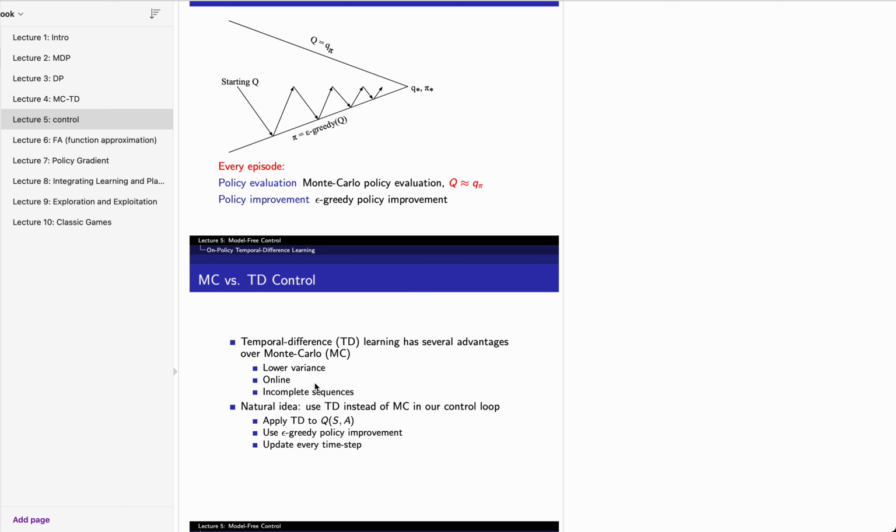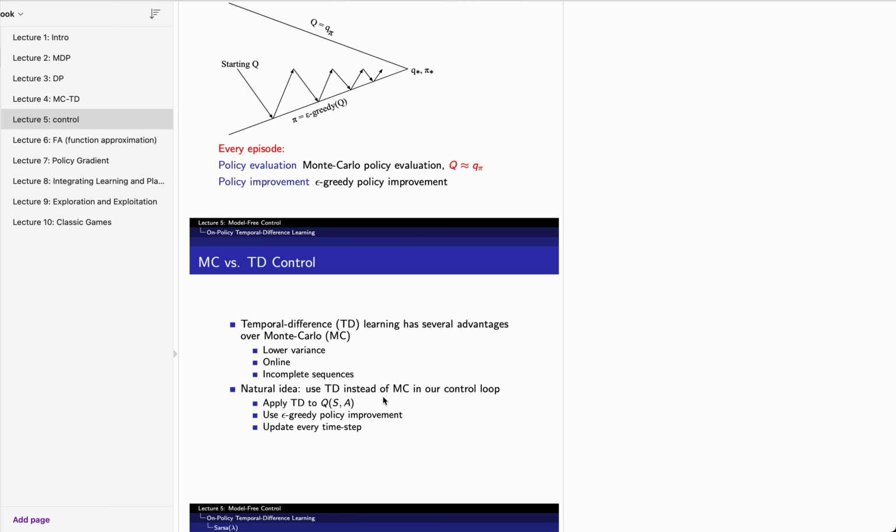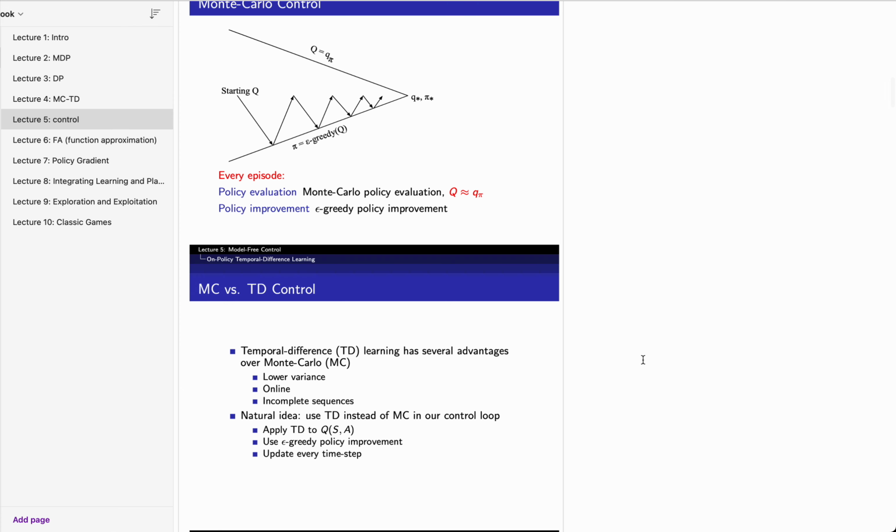So there are several pros and cons of using MC or TD. TD has lower variance. Monte Carlo has more variance because every time you take a step there is variance, and for Monte Carlo you're taking multiple steps all the way to the terminal.